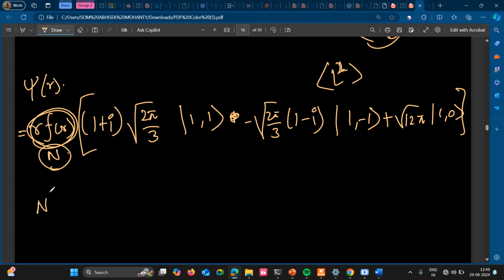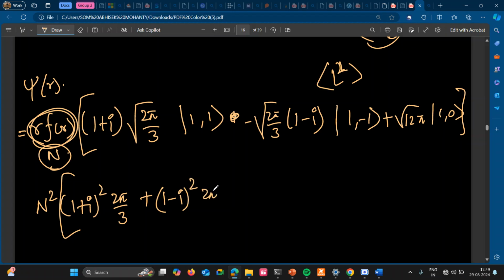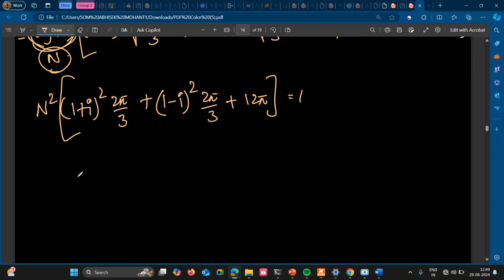Just square it: n square (1 plus i) square 2 pi by 3 plus n square, take it out, (1 minus i) whole square 2 pi by 3 plus 12 pi, is equal to 1.